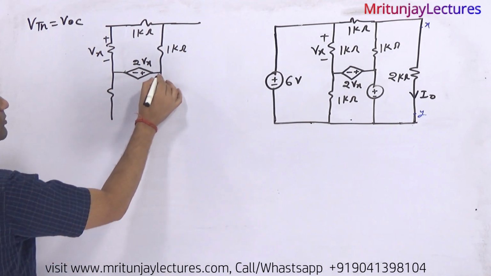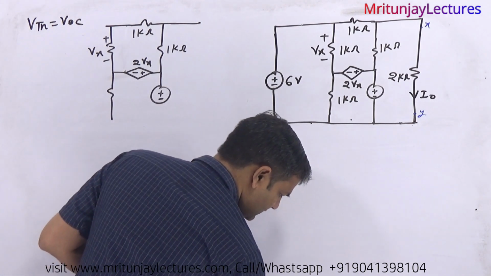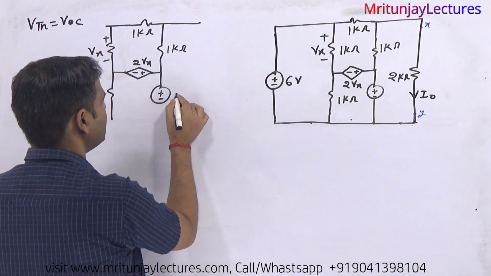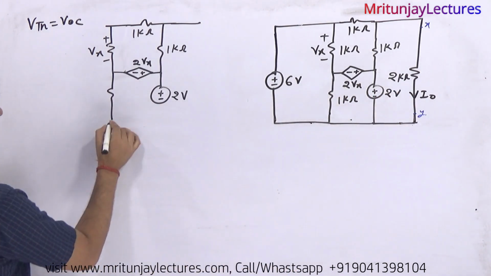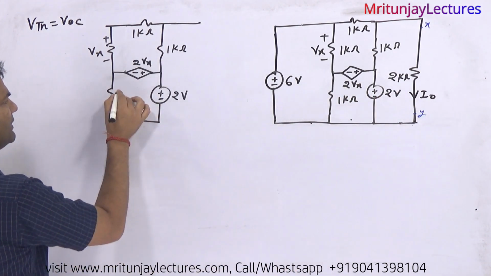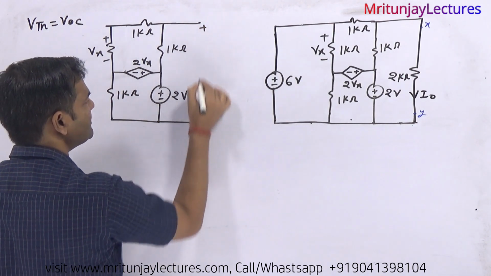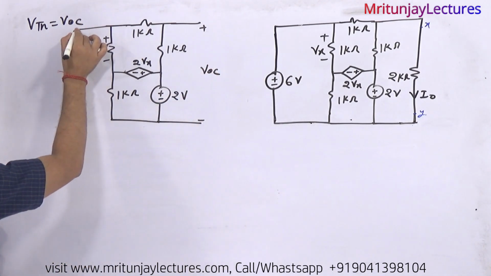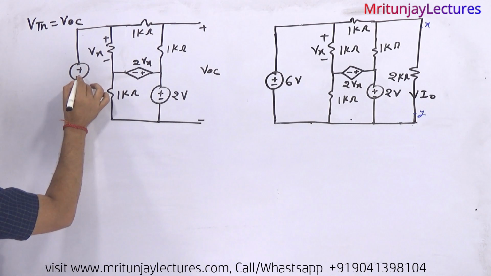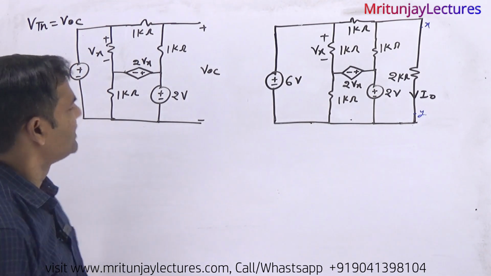Here plus minus 2 volt, 1 kilo ohm, and this is open circuit, and plus minus 6 volt.